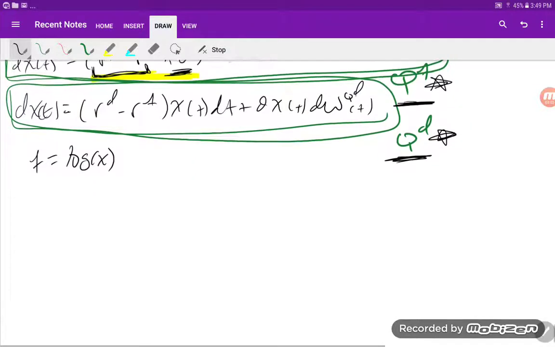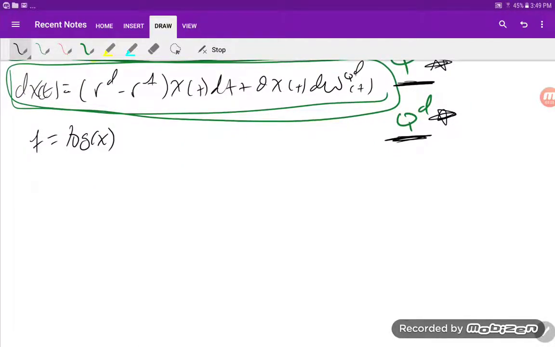We're going to apply Ito's lemma to that, so we'll get, of course, there's no time derivative because this doesn't depend on t, so you'll just have 1 over x dx minus 1 over x squared dx squared.